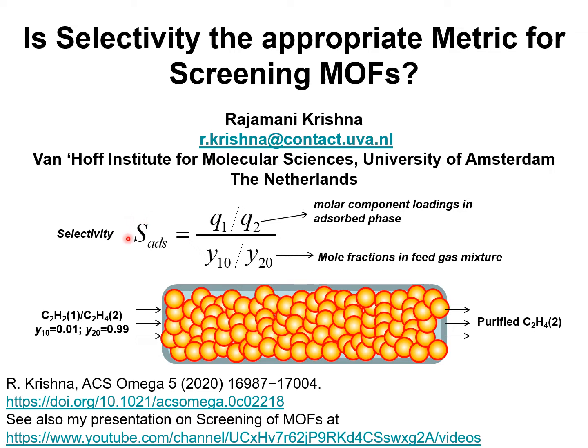The adsorption selectivity for a mixture of components 1 and 2 is defined as the ratio of the molar component loadings in the adsorbed phase, Q1 divided by Q2, divided by the mole fractions of components 1 and 2 in the feed gas mixture.